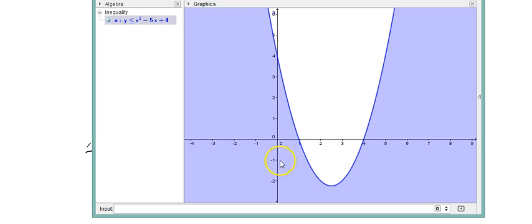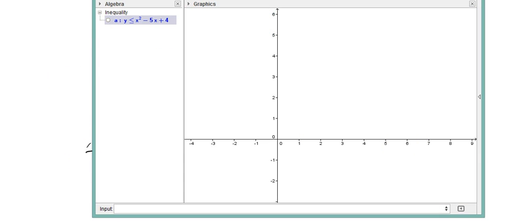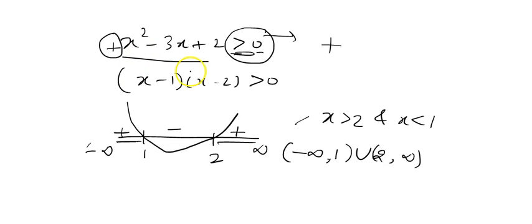Okay, now I'll just try and plot this question which you solved just now. x square minus 3x plus 2 is greater than 0.